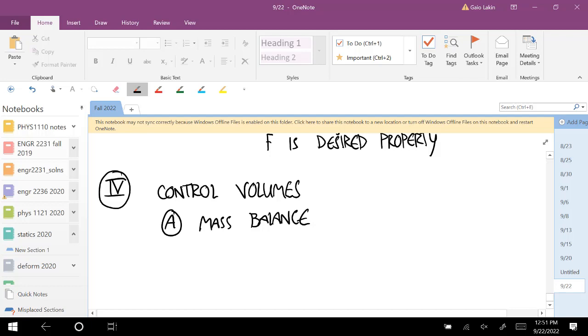I guess for control volumes, we're doing everything as a differential form. So we're going to use the form dm dt for the control volume is equal to the mass flow rate coming in minus the mass flow rate going out.